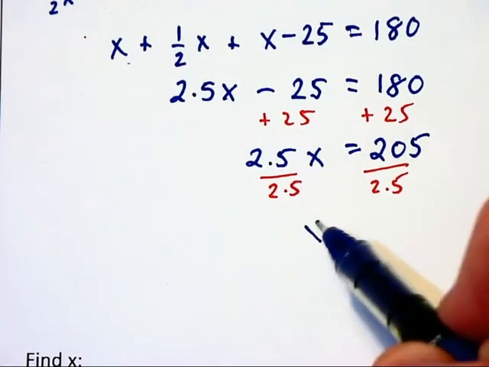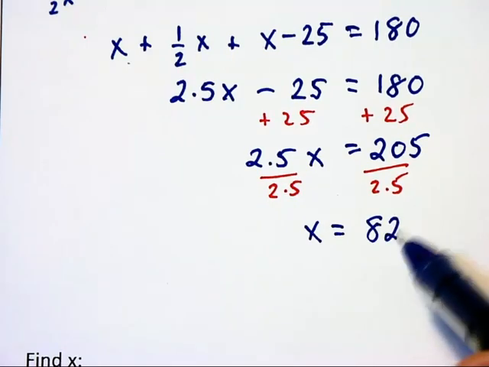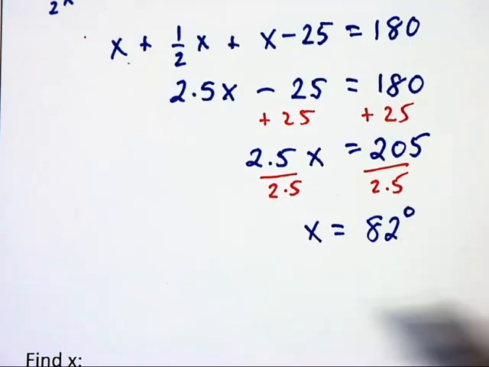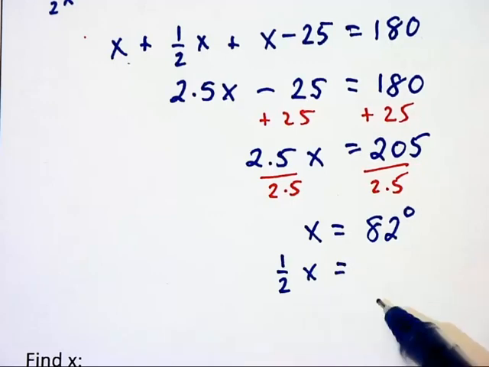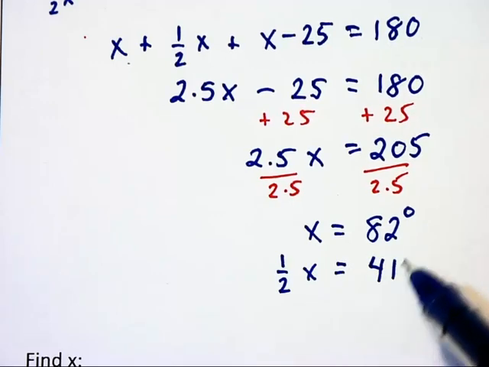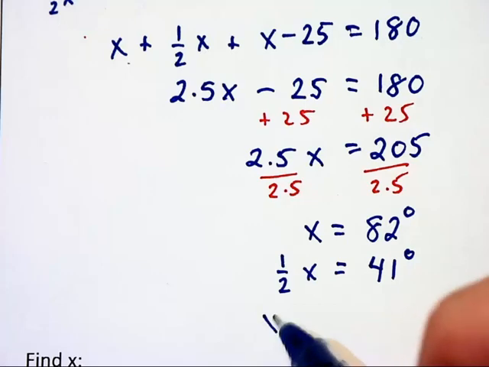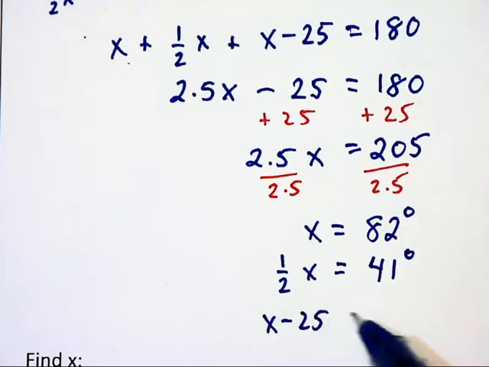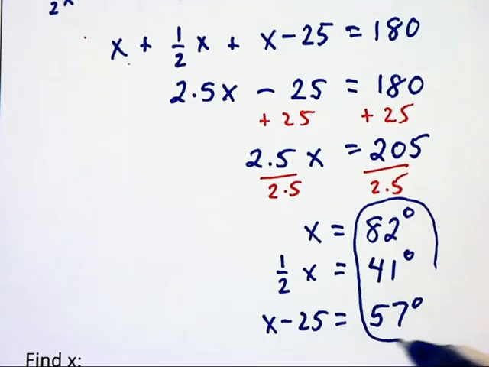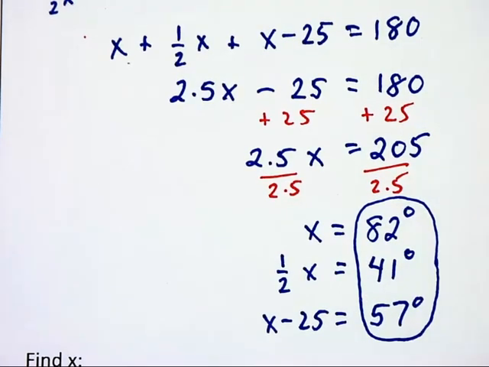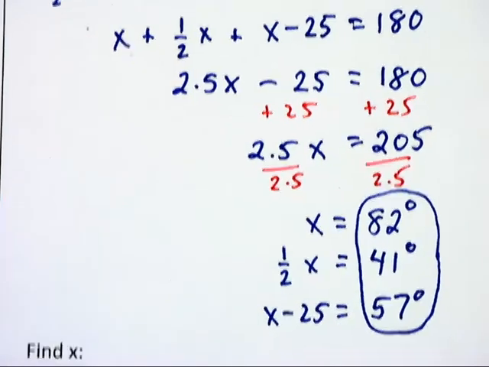We find out that x will equal 82 degrees. That'll be our largest angle. 1/2 x for one of the other angles will be 41 degrees. And x minus 25, that'll be 82 minus 25, which is 57 degrees. And so there we have our three angle measures that are being sought after.